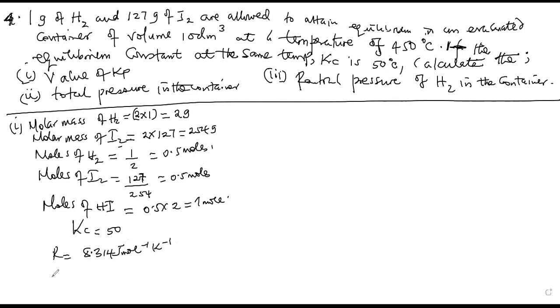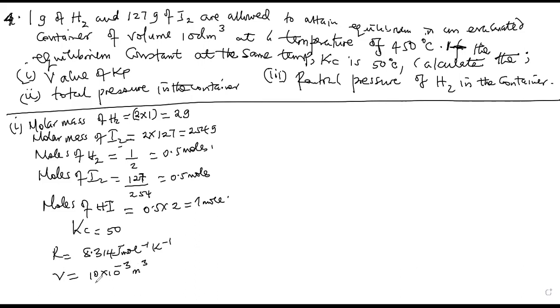Then we need to know the volume. Since they gave us 10 decimeters cubed, we need to put it in meters cubed, so it's going to be 10 exponent -3 meters cubed, right?